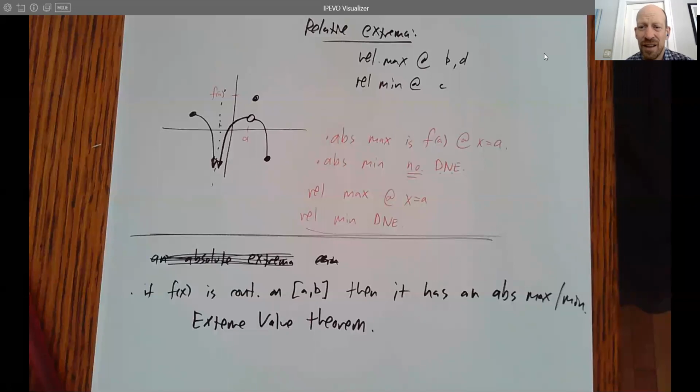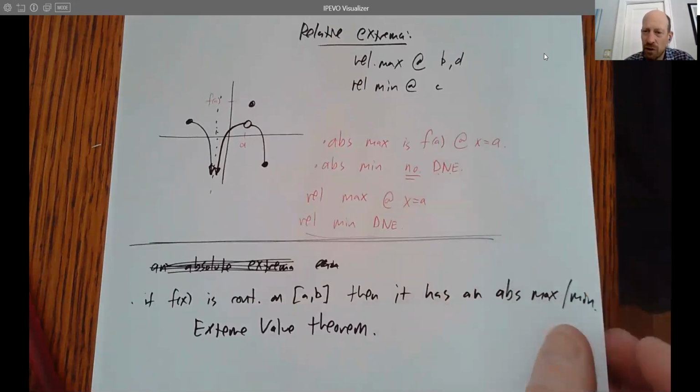In some sense, maybe the most valuable thing about differential calculus is finding these maximum and minimum values. When you have a complicated formula of a function, it's certainly not clear where that max and min is. And so we're getting at the theory behind that. The first thing is to say, okay, these have a max and a min. And then the second thing is to say, well, where could the min and the max be? So the extreme value theorem tells us when we know we have a max and a min.